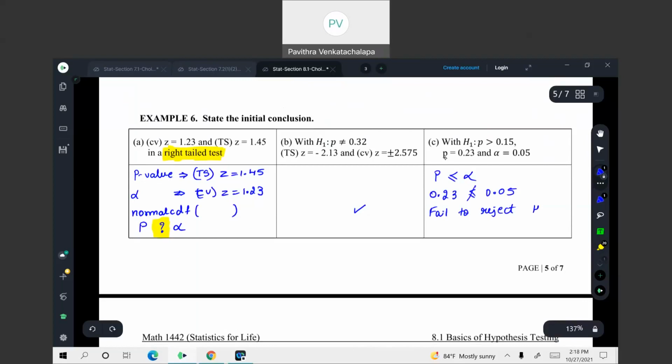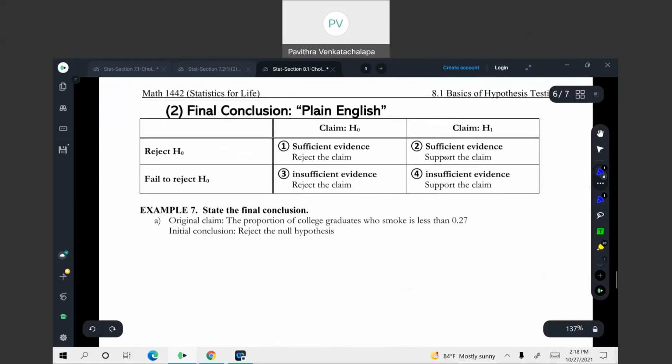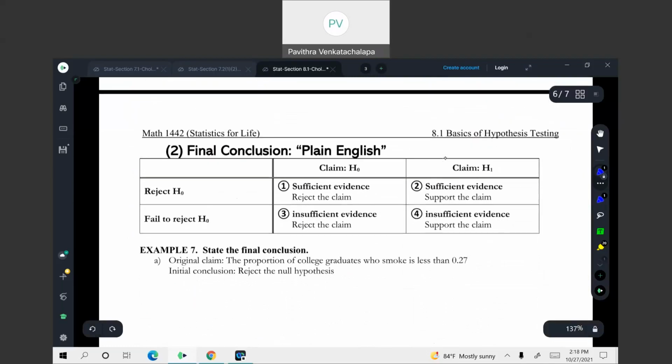H naught. You have the p-value, you have alpha, you just have to compare. Now this is how you will write the final conclusion. This is more often how you can write it in words. You will be doing this in your lab 8 also.